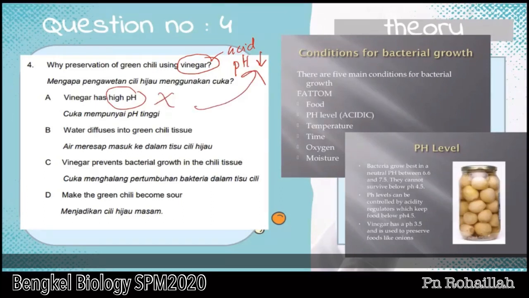Okay, and then water diffuse into green chili. Saya takut you all terpilih yang ini. So kalau you tengok balik, water diffuse into green chili tissue. In vinegar, the solute is higher compared to the water.